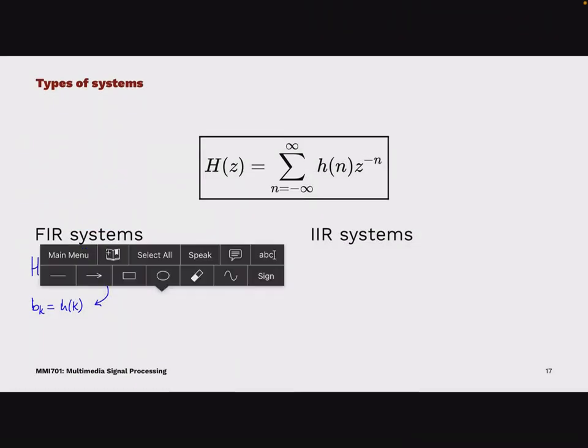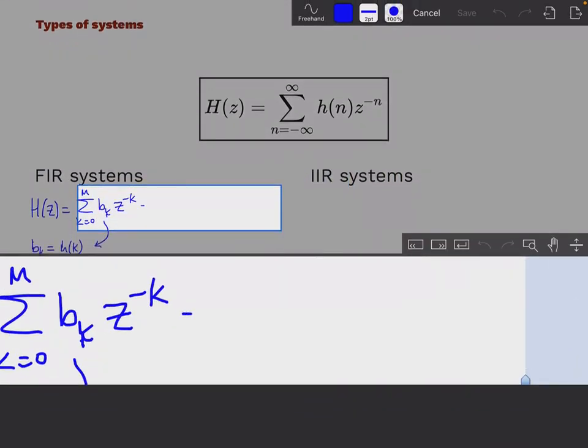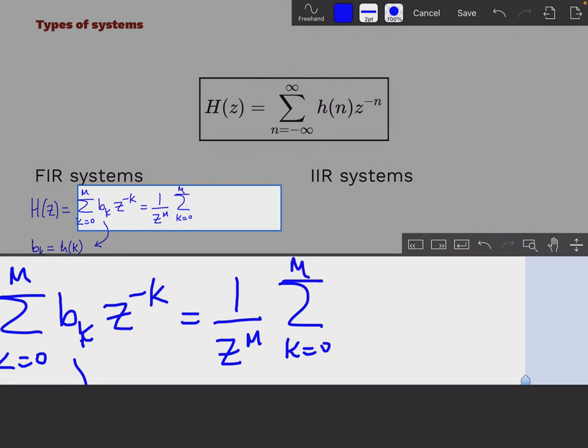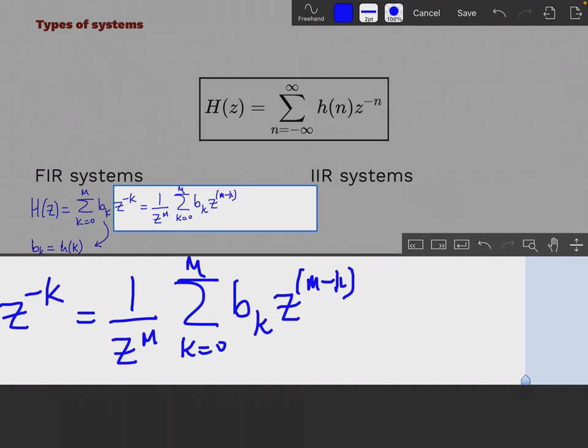And we can also continue expressing this in this form. If you factor out z to the power minus m, we have z to the power minus m times the sum over k from 0 to m of b sub k z to the power m minus k. So we have a polynomial with positive exponents only now.